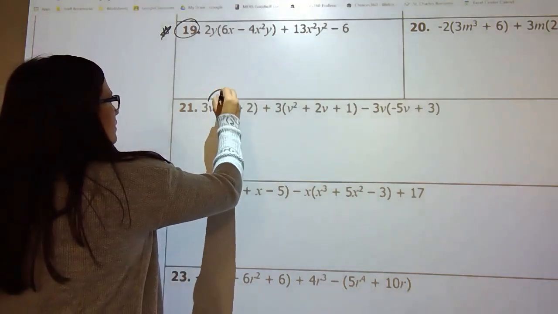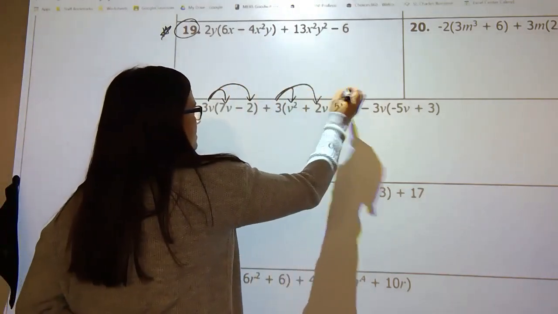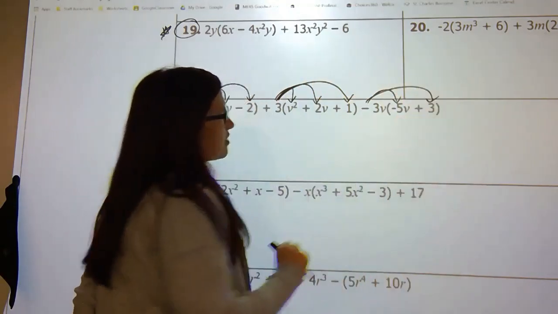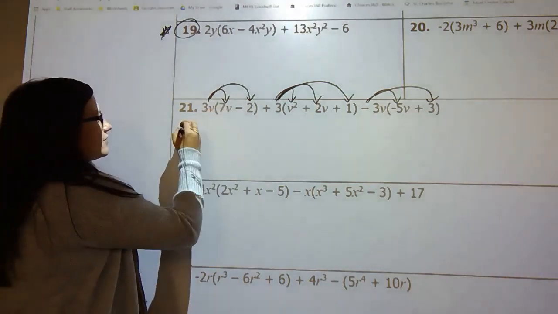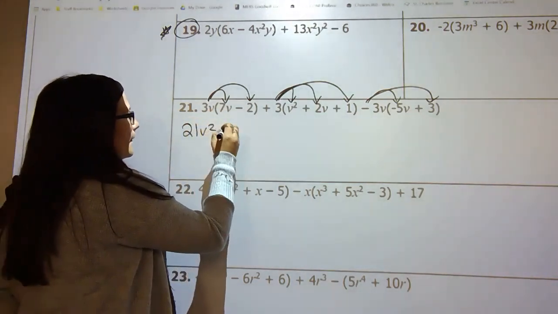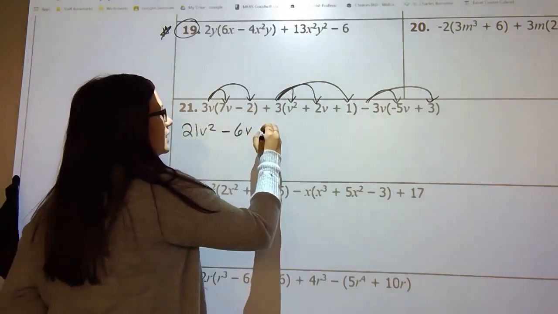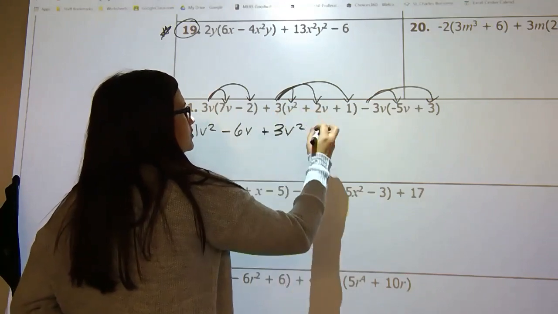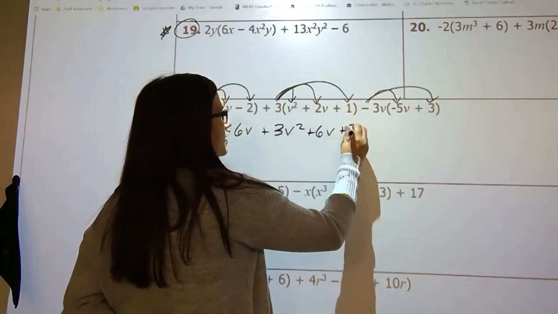So I got to distribute, got 3 sets of parentheses I need to distribute to. Okay, I like to draw my arrows sometimes to help me know what I'm about to do. So 3b times 7b is 21b squared minus 6b, 3b times -2, plus 3 times b squared is 3b squared. 3 times 2b is a positive 6b. 3 times 1 is a positive 3.